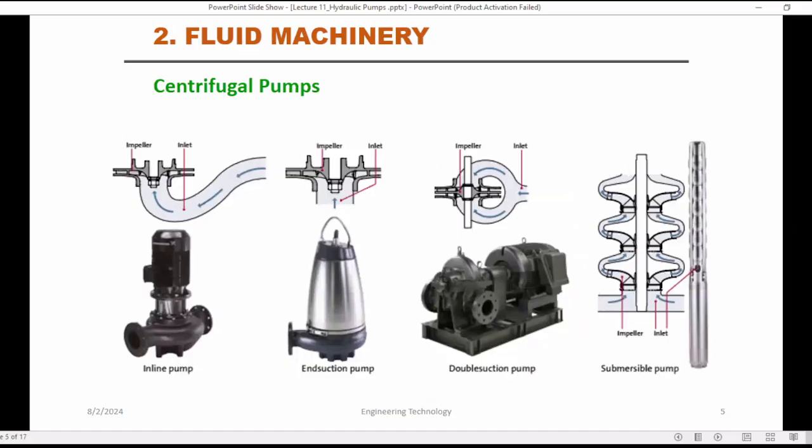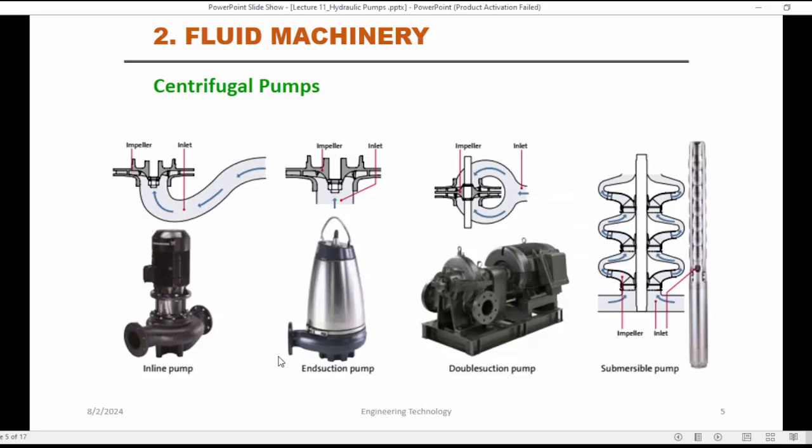Here you can see different types of pumps, centrifugal pumps, okay? Inline pumps, it's a normal pump, and here end suction pump and double suction pump, submersible pumps, okay?